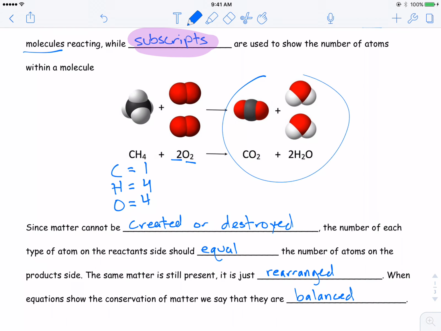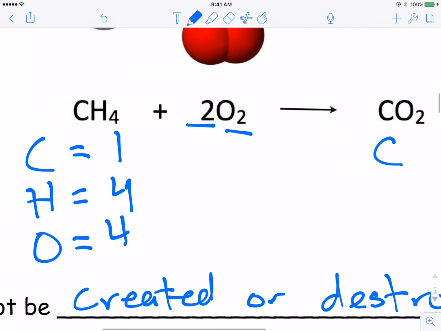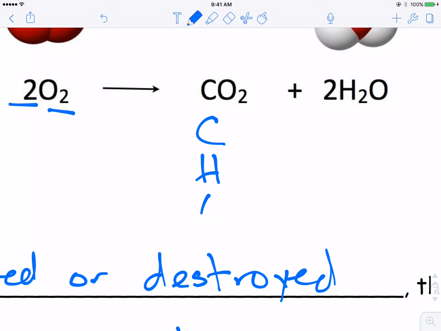If I looked at the product side, this side here, and I looked at the atoms that I have on this side, I have 1 carbon atom. For hydrogen, I have 2 atoms of hydrogen in each molecule of water, and since I have 2 molecules of water, that's a total of 4 hydrogens.